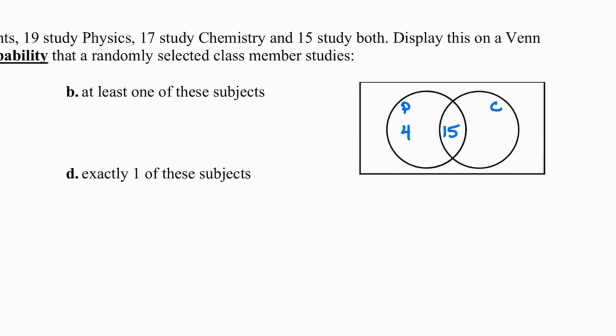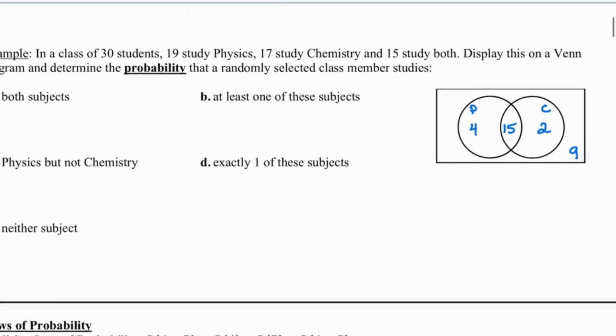They told us that 17 are studying chemistry, but 15 are doing both, so how many are just doing chemistry? 2. Oh, that doesn't look like 30. That's only 4 plus 15 plus 2, it's 21. There's supposed to be 30 students in this survey. So that means 9 people are neither taking physics nor chemistry, but they were part of this study.